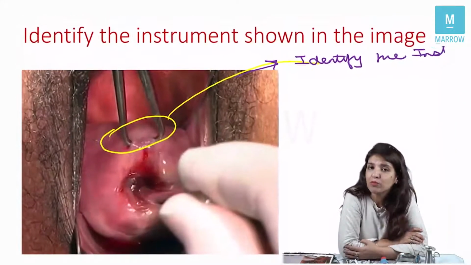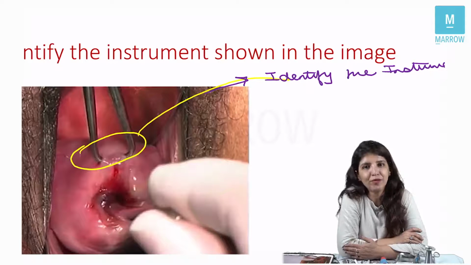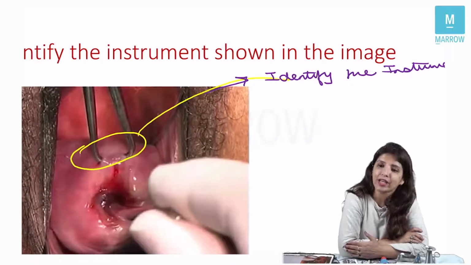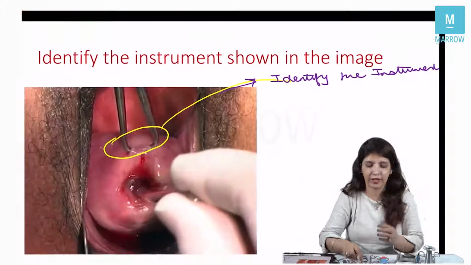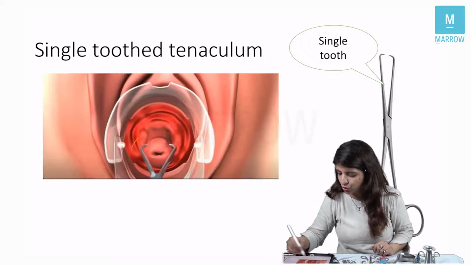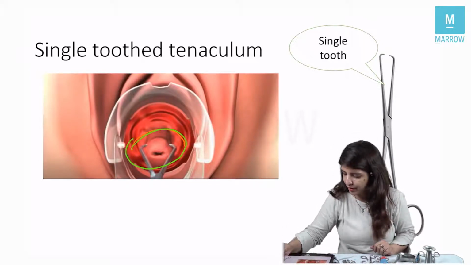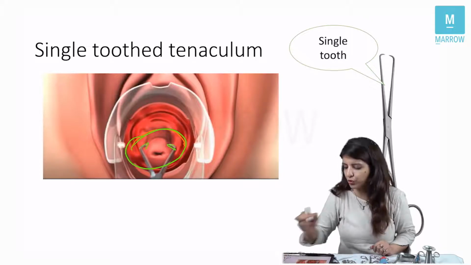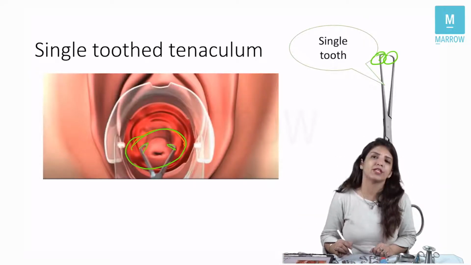And this instrument is called either a single-toothed volsellum or a tenaculum. I don't have a tenaculum to show you. But this instrument over here, if you see, is holding the lips of the cervix, but it has a single tooth. Over here, the single tooth. A single-toothed volsellum has a special name, tenaculum.